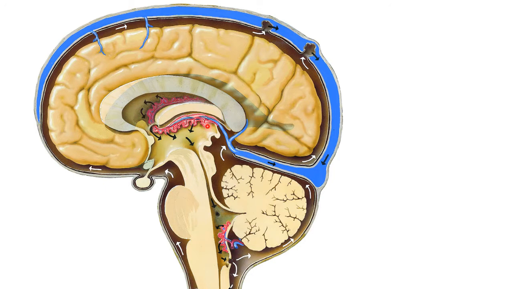Here you can see the septum pellucidum below. Eventually the hippocampal formation becomes vestigial in the upper part, but in the lower part it grows.